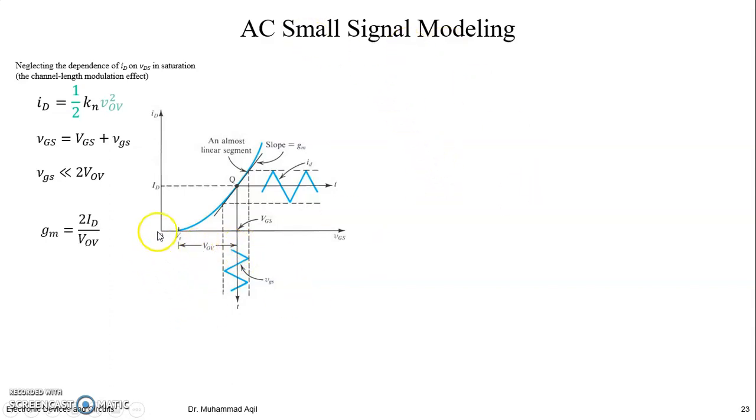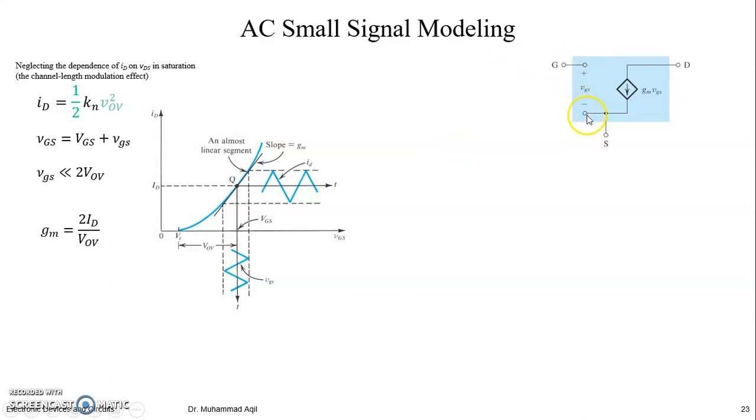Okay. And what is the formula of GM for MOSFET? In BJT, we had IC over VT. Here we have GM equal to 2ID over VOV. And this is the model. In the transistor we had an emitter here, base here, collector here. We had an input resistance R pi, but here the gate is insulated, so there is no gate current.